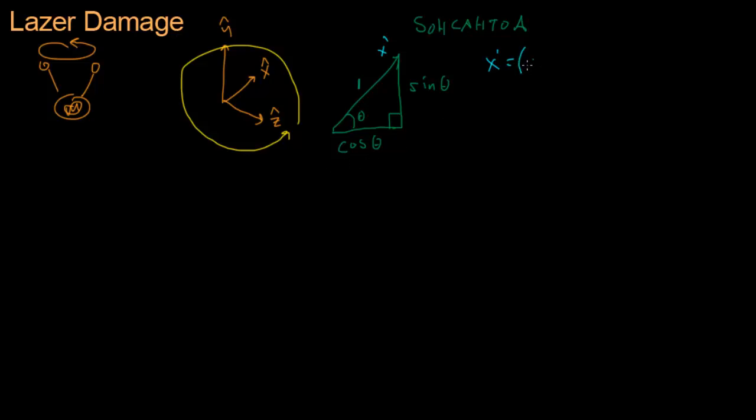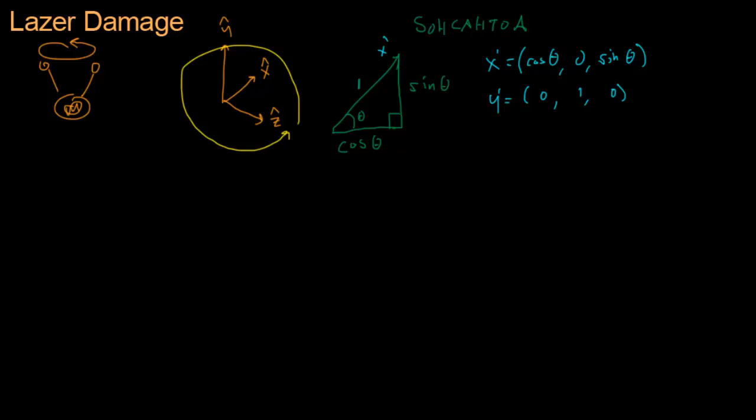The x component is cosine theta, the y component is 0, and the z component is sine theta. Okay, now our y vector is going to be even simpler because, like I said before, we're not gonna change the y at all. When we spin around, up is still up, and our y vector continues to point up.